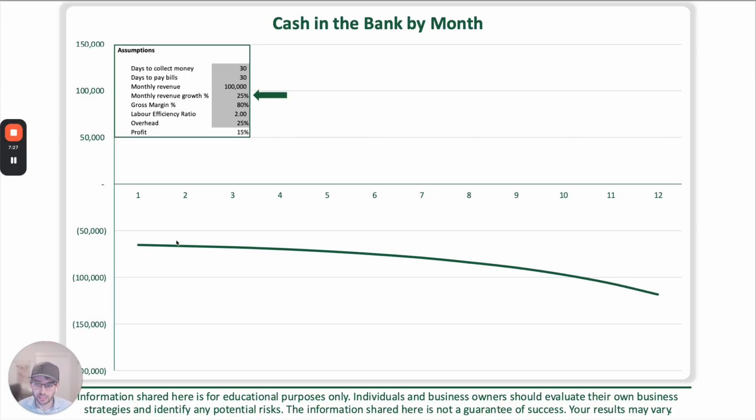And that's what's happening in this scenario, where while we're collecting money within 30 days and paying bills within 30 days, we still have to be making the payments for overhead and for labor, because those have to happen even quicker. And this profit is essentially continually getting deferred, reinvested into growing the business.